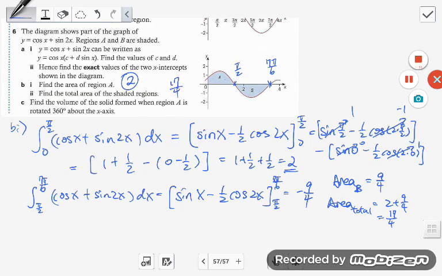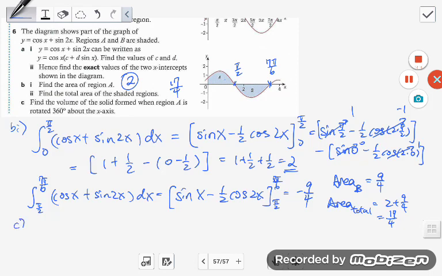Now, part C. Find the volume of the solid formed when region A is rotated. In this case, it is easier because we don't really have to worry about whether the area is above or below the x-axis if we apply the formula carefully.